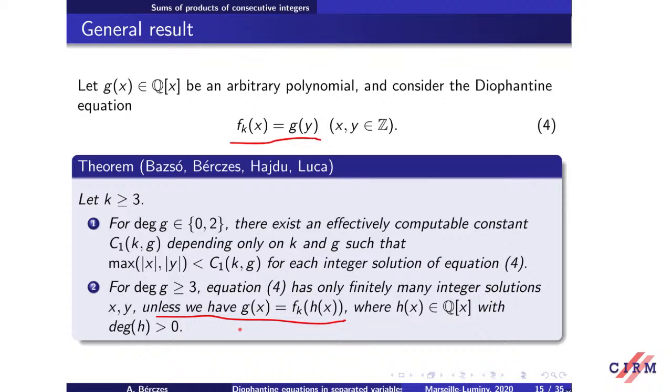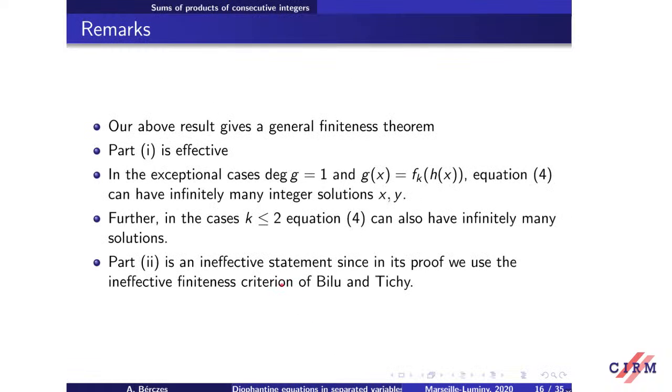So, in the case of degree of g equal to 0 or 2, we have effective finiteness, and in the case of degree of g larger or equal to 3, we do have ineffective finiteness. Here in the second point, the finiteness is ineffective because we are using the Bilu-Tichy criterion, the Bilu-Tichy theorem.